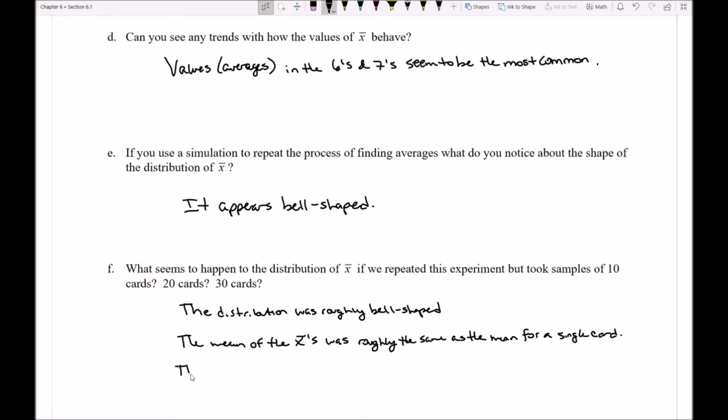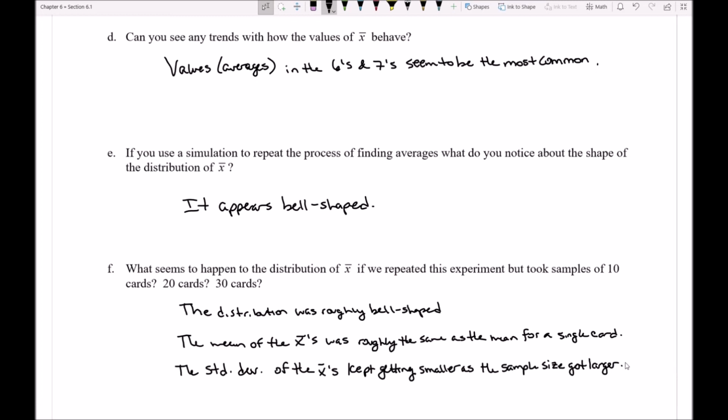And we could also say that the standard deviation of the X bars kept getting smaller as the sample size got larger. So these are 3 interesting connections that we can see here.